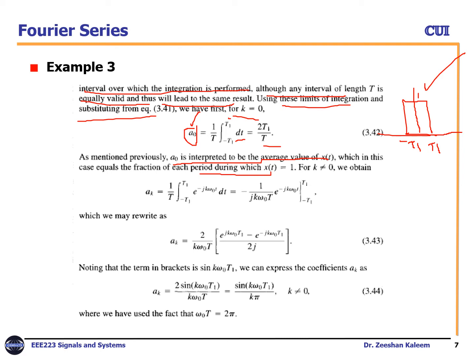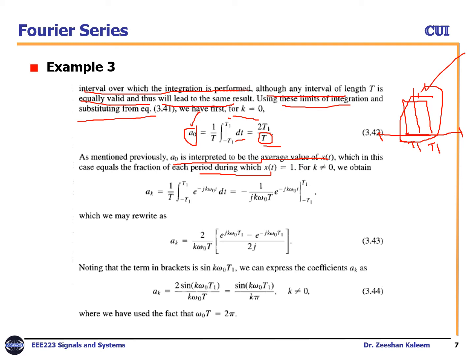Fraction means that in the denominator you have the total period, so that's why you divide by the period. Here x(t) is equal to 1, and the total period is from here to here. So the fraction means that it's 1 only in this region, and we are calculating the value in this region.